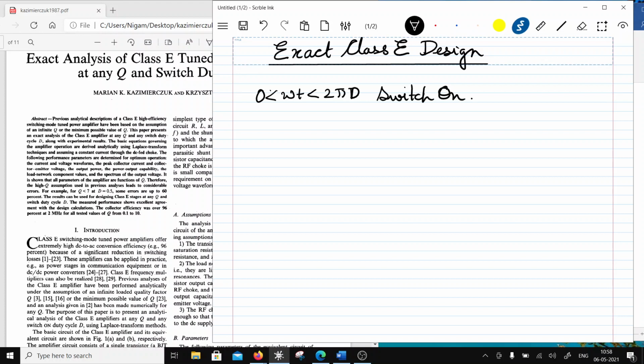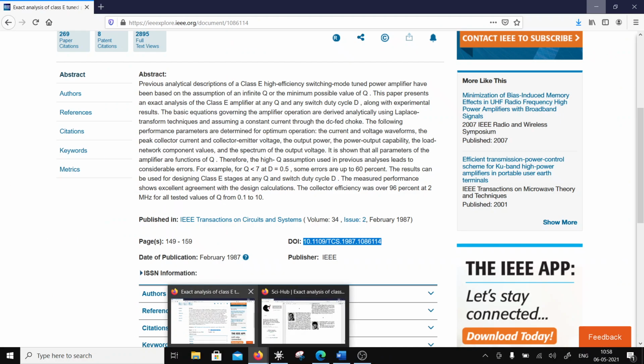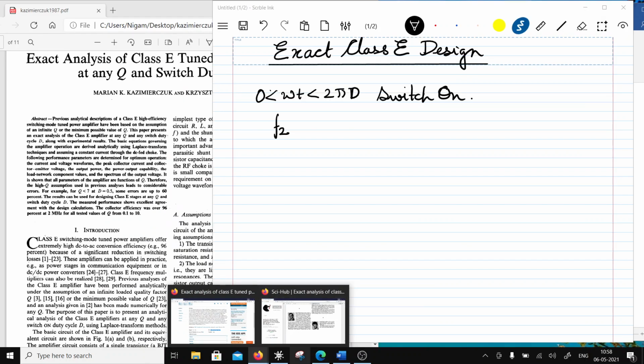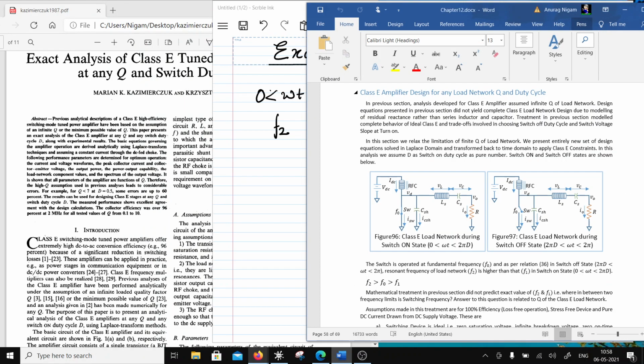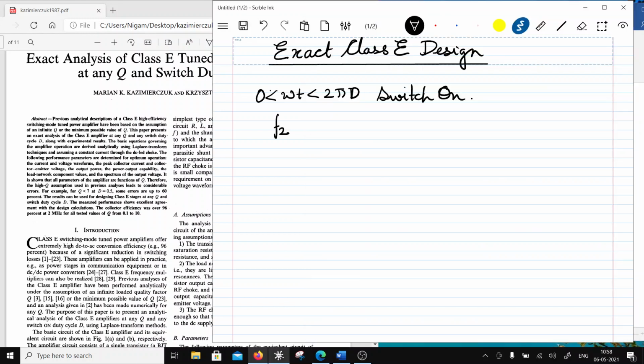For switch on, CSH is shorted out, and the frequency is F2. The normalized frequency is A2, which is equal to F2 by F0, where F0 is the switching frequency.